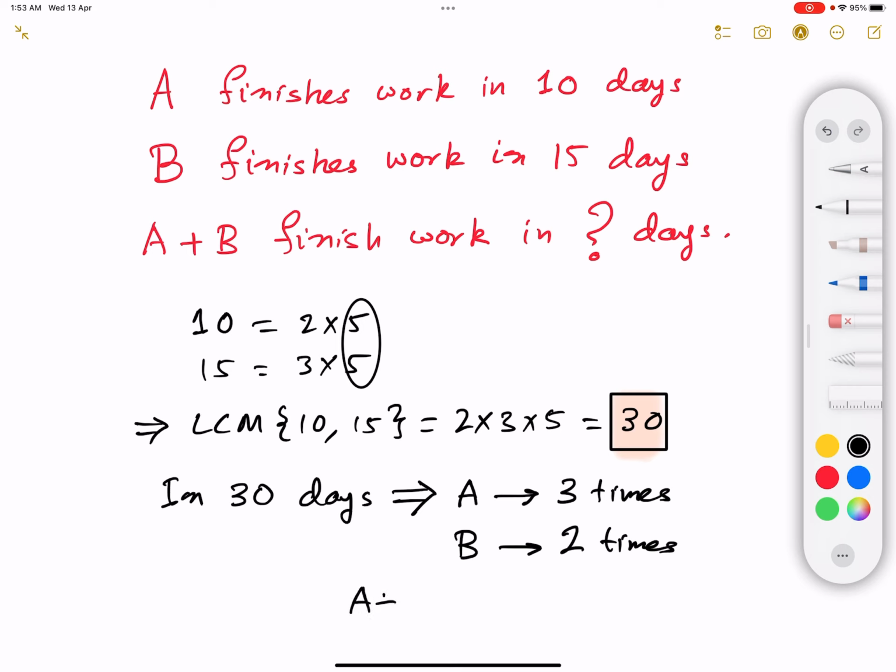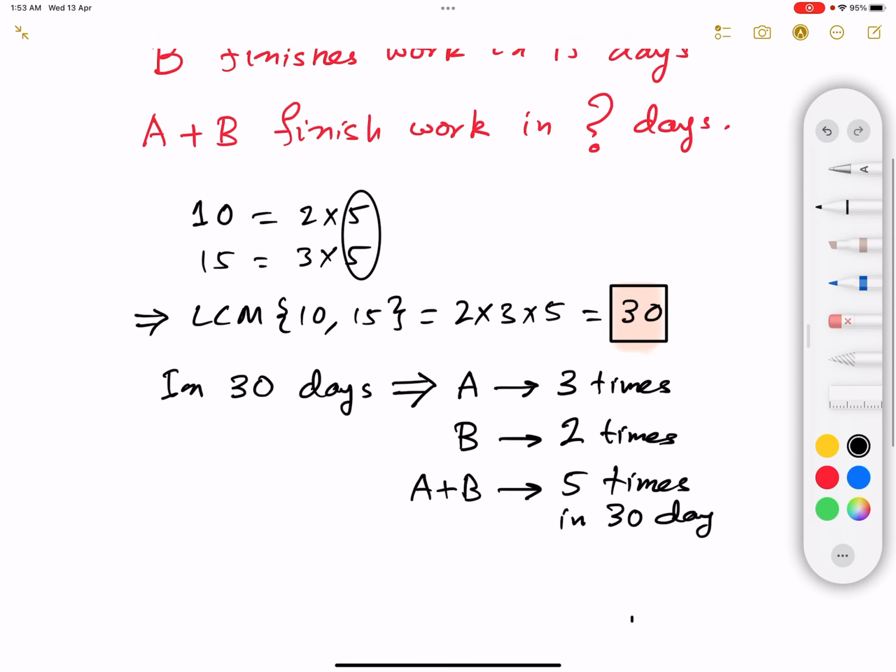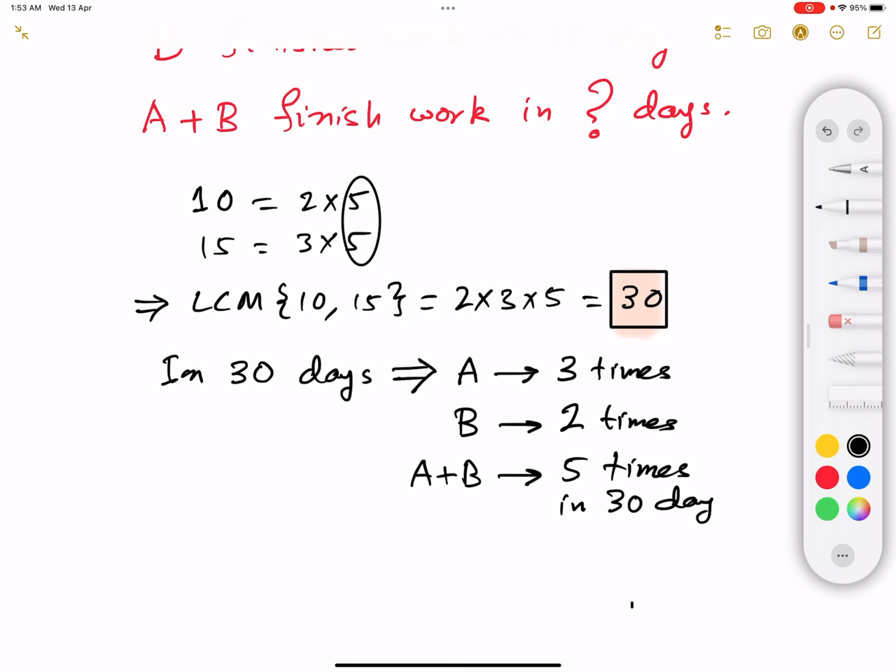So if A and B work together, they're going to finish the work how many times in 30 days? 5 times. So if A and B working together finish the work 5 times in 30 days, it would take them 6 days to finish the work once, and that's the answer.